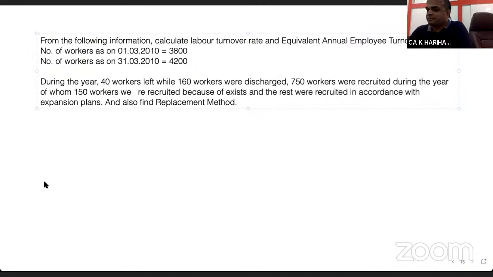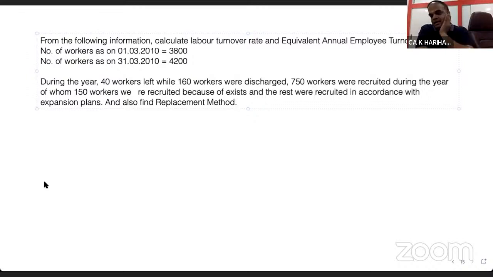Yesterday we came across computation of labor turnover. Labor turnover you have to express in terms of what? Percentage. Yes.